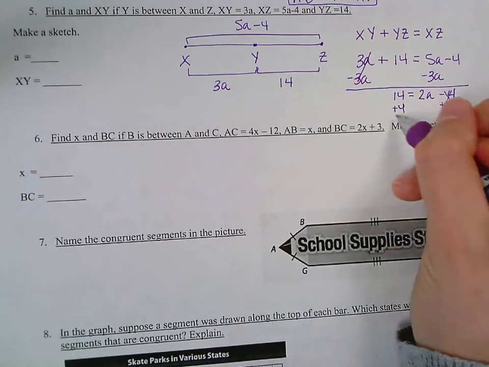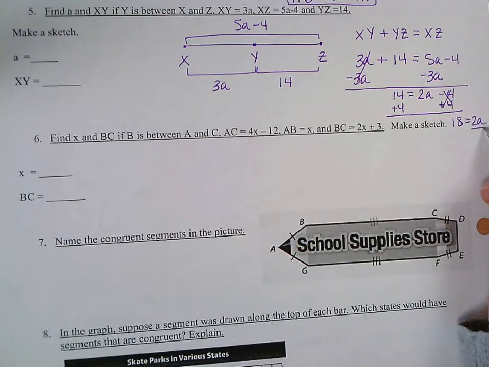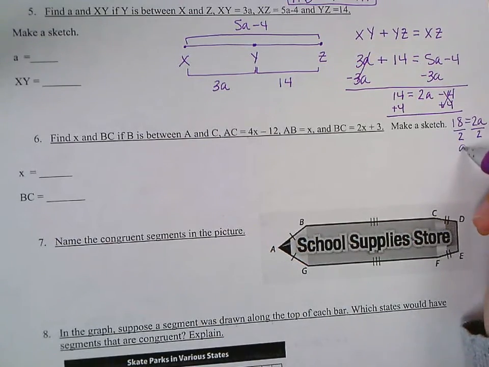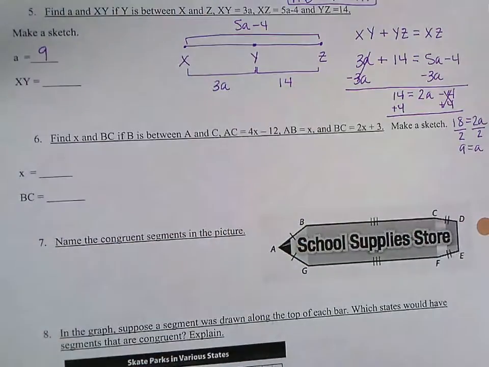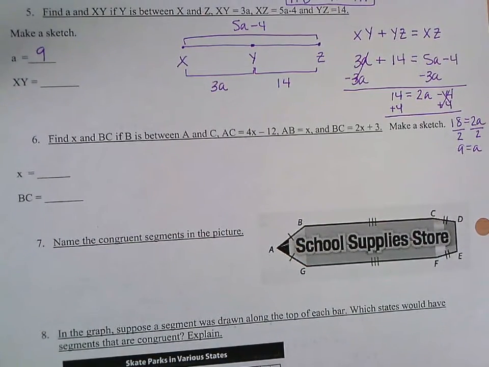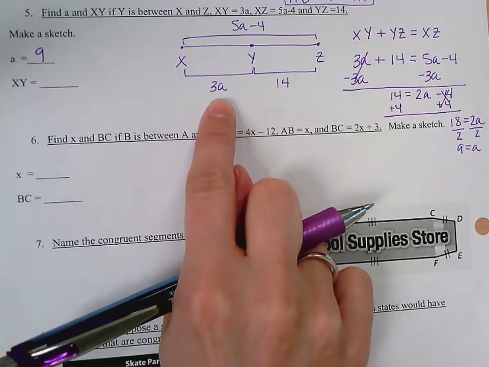So then that would give me 18 is equal to 2A, divide by the 2, so A is 9. All right, and now that I know A, to find XY, XY was equal to 3A.